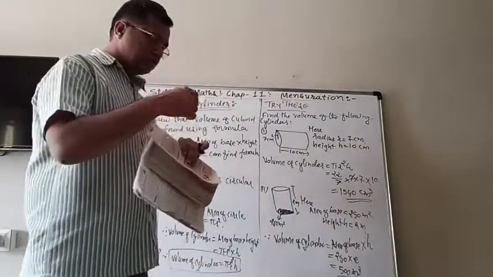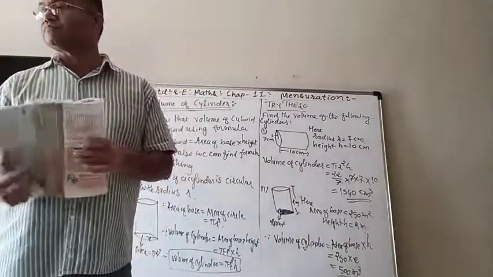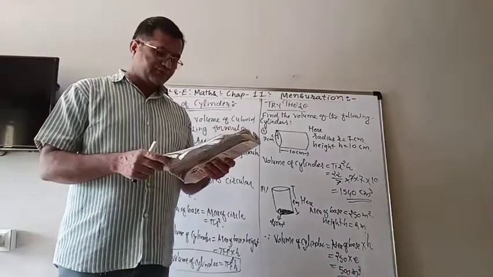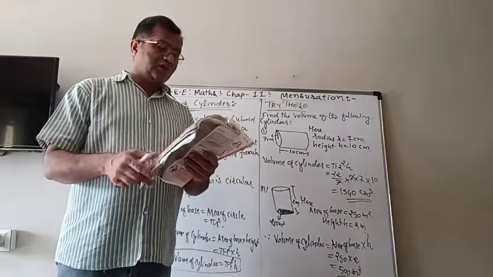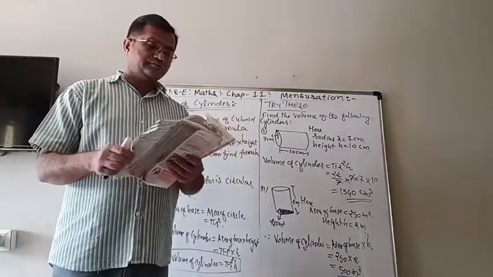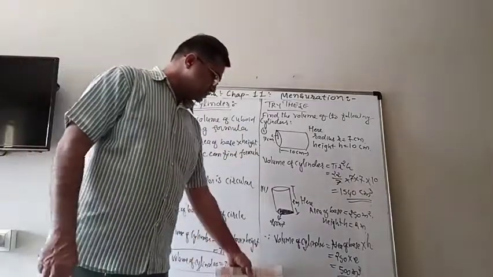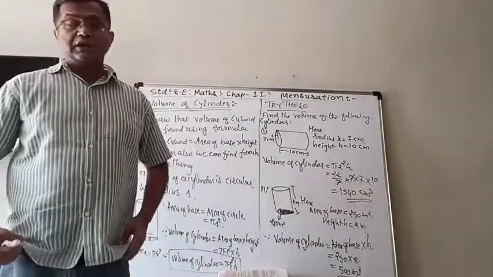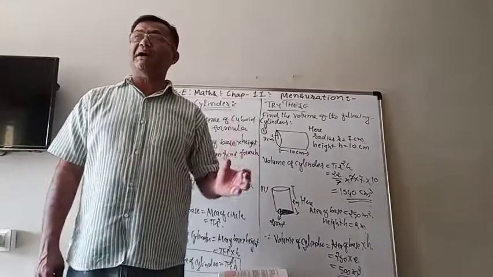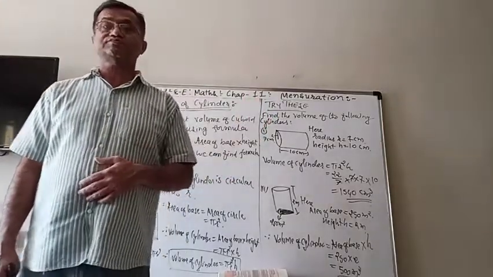So according to the given information, we have to find out the volume. If the radius and height are given, we have to use the formula pi r square h.